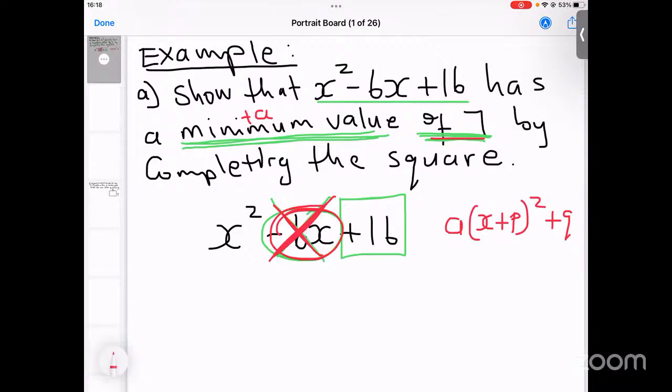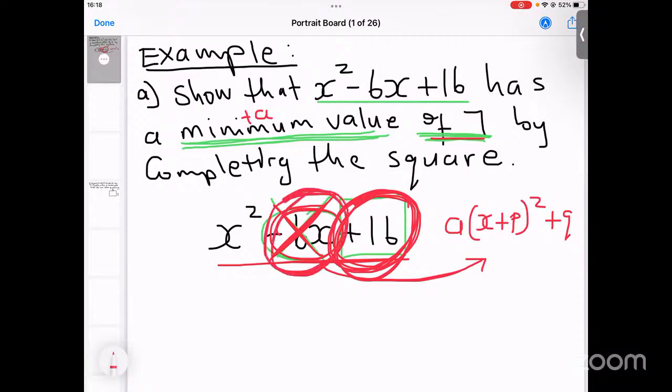So you will need to convert it from this state to that state, and the only way that we know at this point is by completing the square. So you cannot conclude that this is the minimum value they are talking about, because of you having that. You need to get rid of that, and the only way you can get rid of that is if you complete the square.